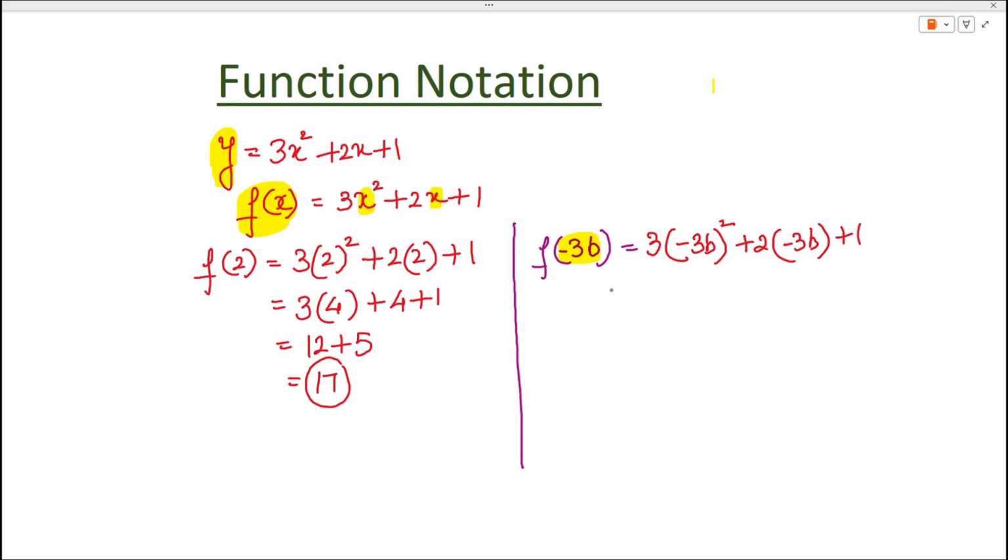Once we solve it, it will be 3 times negative 3 squared, which is 9, and b squared is just b squared. 2 times negative 3 is negative 6, and b is just there, plus 1. Now when we multiply, 9 times 3 is 27b squared minus 6b plus 1. So f of negative 3b is equal to this.